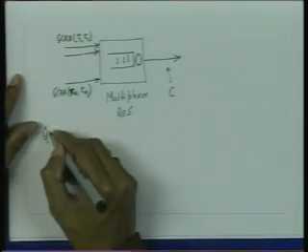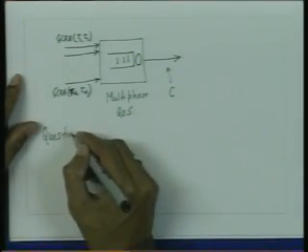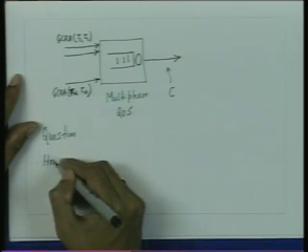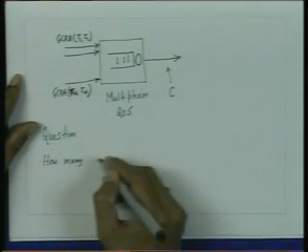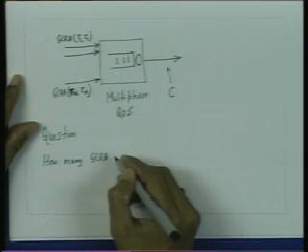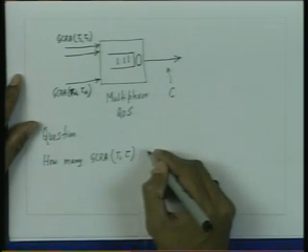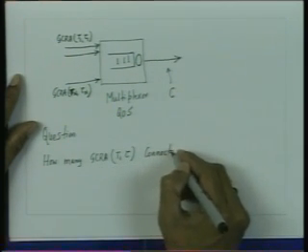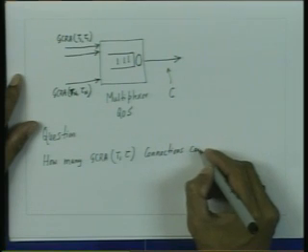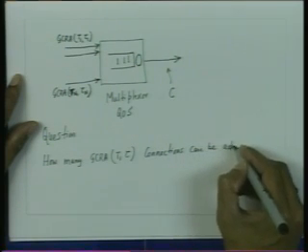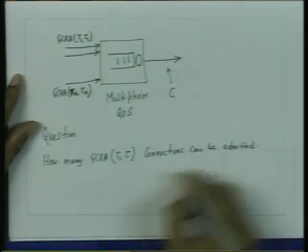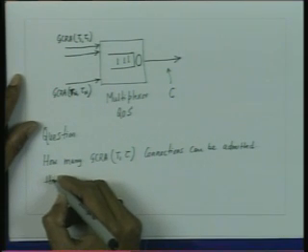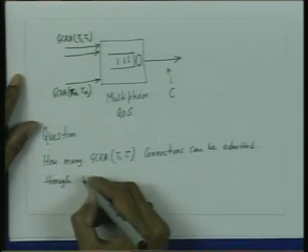So the question that we are asking is how many GCRA T tau connections can go through these transmitters, can be admitted through this ATM multiplexer.